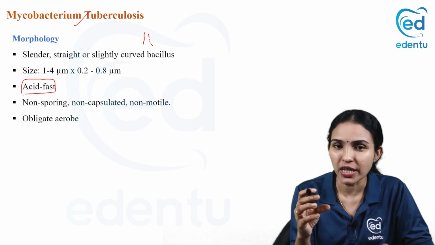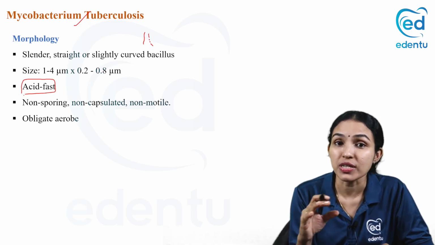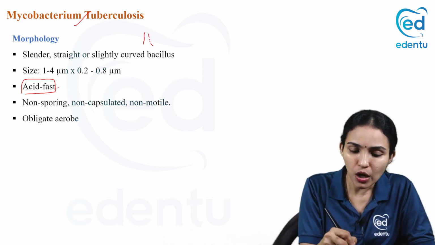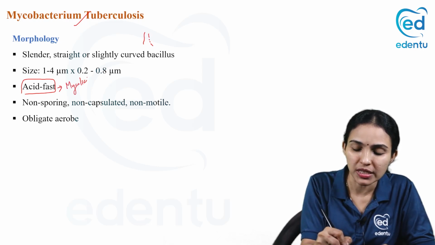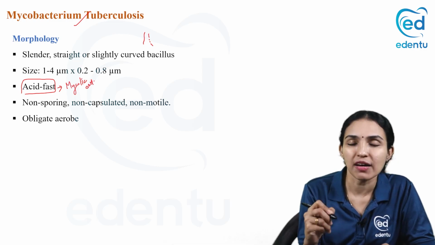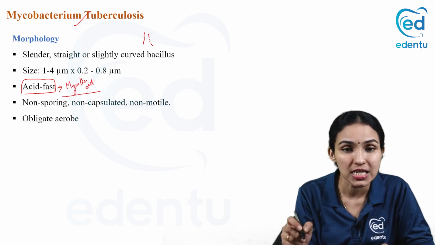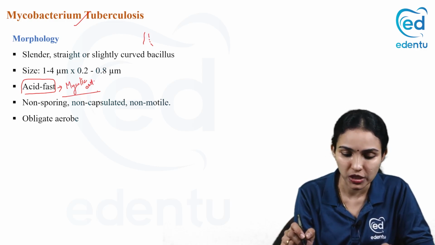Even if you put a strong acid or alcohol, it will resist decolorization; the stain which has entered inside won't go outside. All these properties are due to mycolic acid in its cell wall, which is why it is named Mycobacteria. All Mycobacteria have mycolic acid in the cell wall, and that is responsible for the acid-fast staining property.